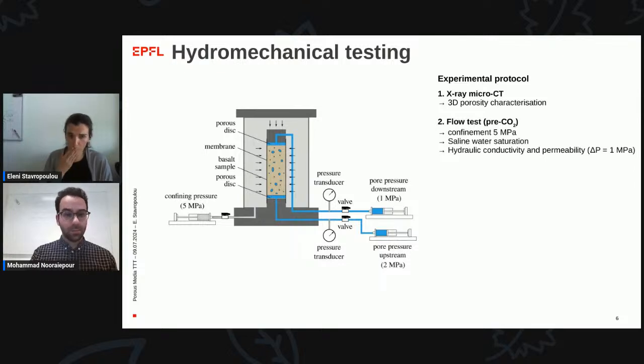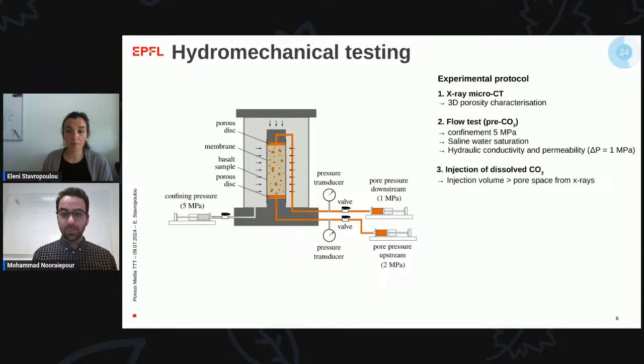More precisely, we applied a hydraulic gradient between the 2 sides of the material of 1 MPa, and we were able to measure permeability. After that, after we assessed these properties, we injected CO2 dissolved into saline water.